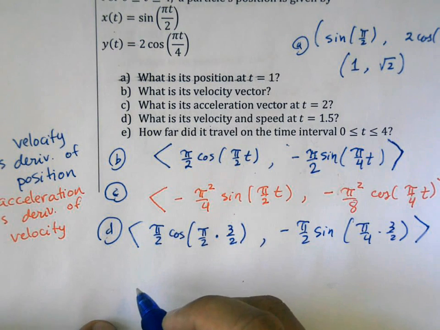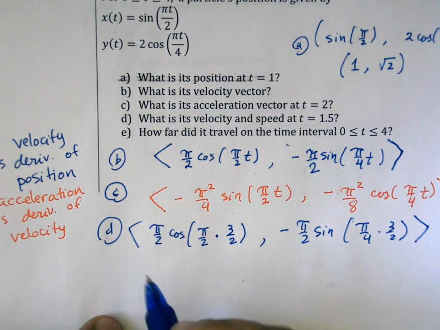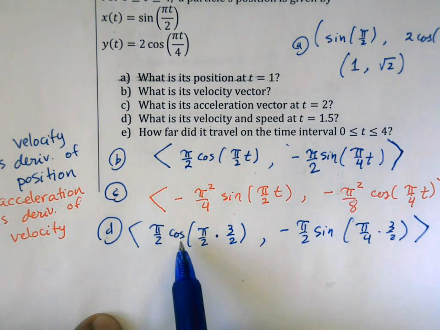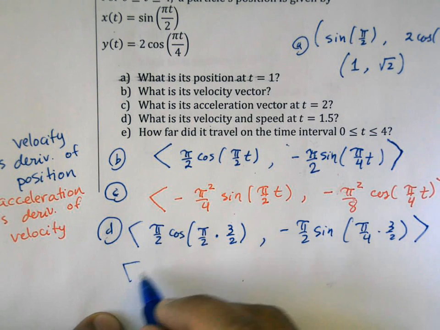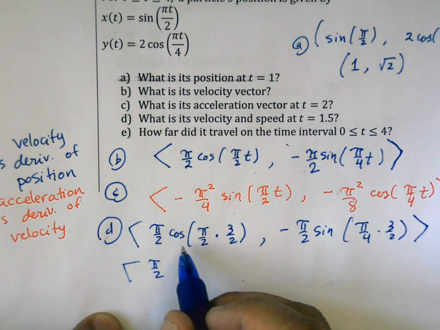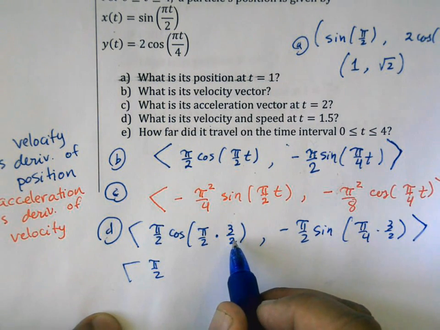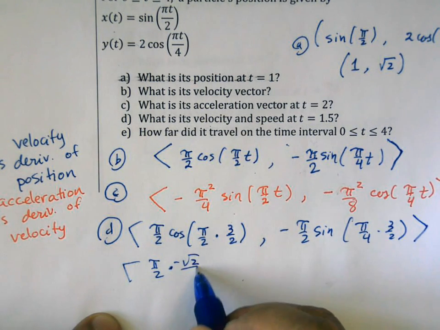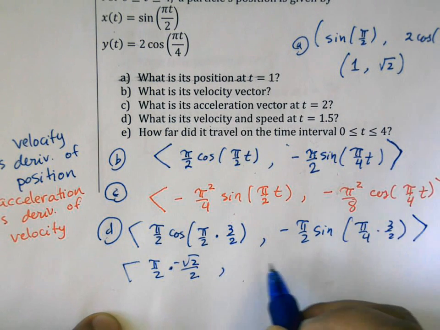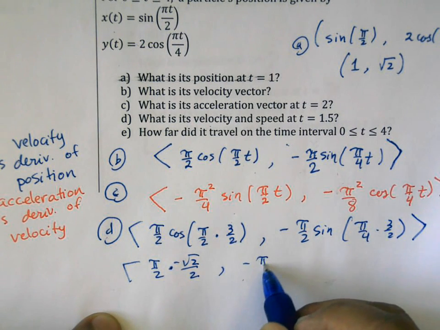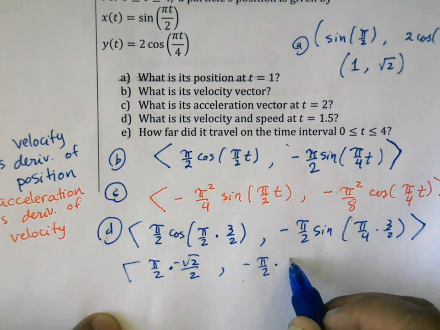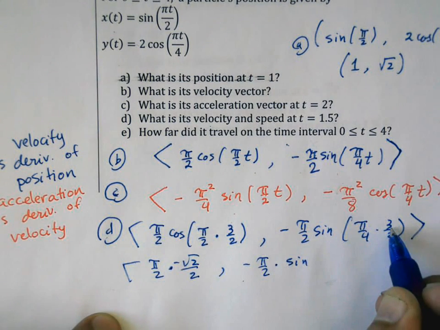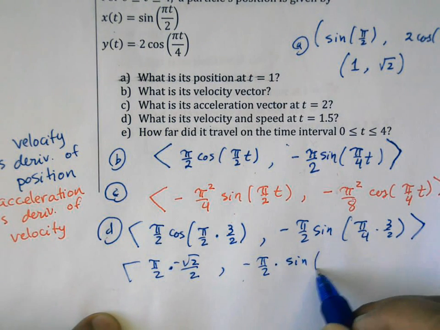Hopefully your trigonometric skills are pretty sharp. We can see here that you have pi over 2 cosine of 3 pi over 4, which is negative root 2 over 2. And then here you have negative pi over 2 times the sine of 3/8 pi.